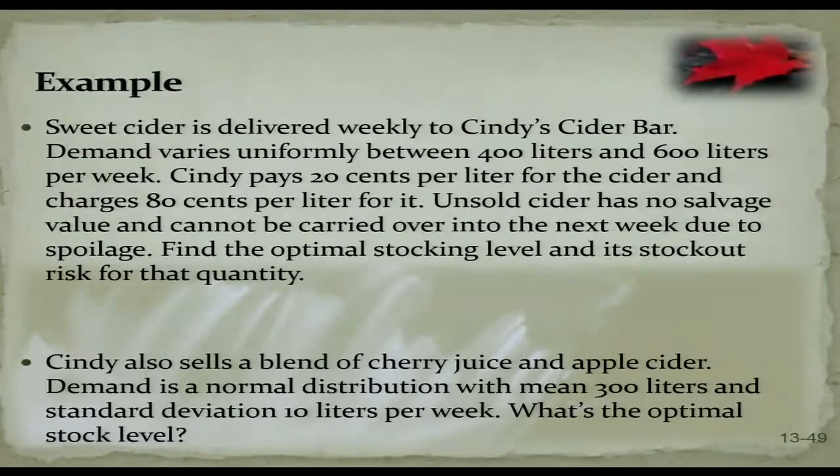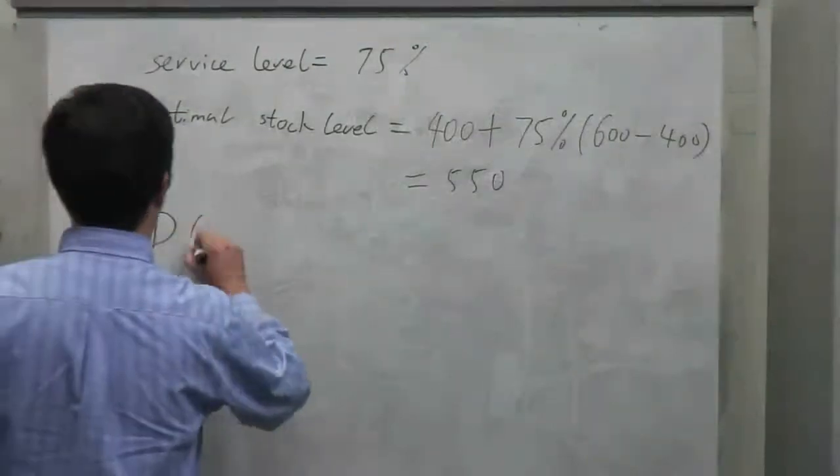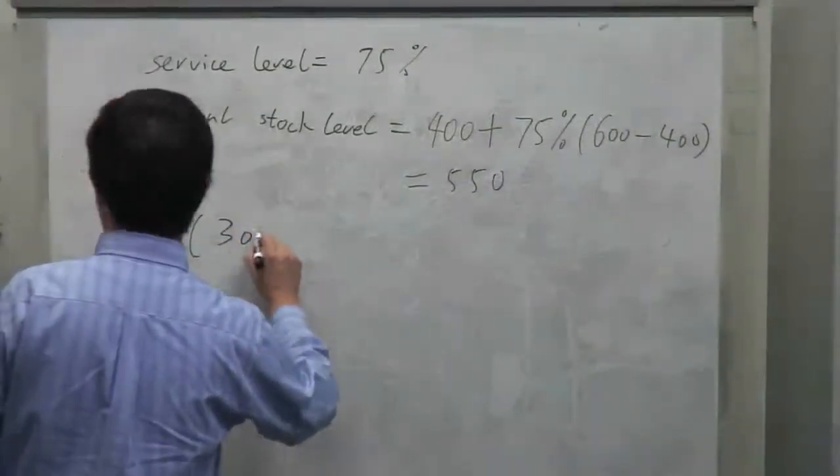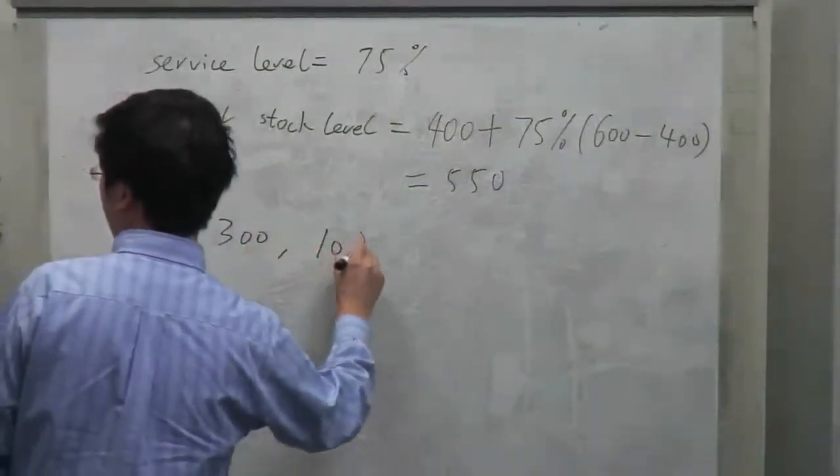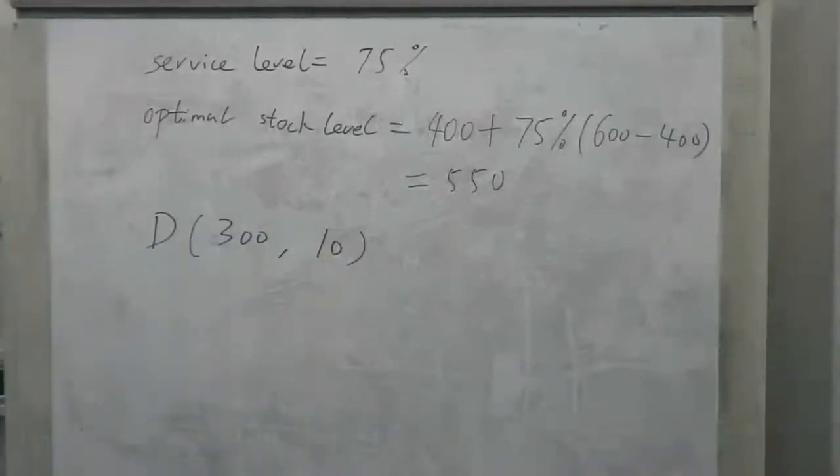Cindy also sells a blend of cherry juice and apple cider. Demand follows a normal distribution with mean 300 and standard deviation 10 liters. The question is, what is the optimal stock level?